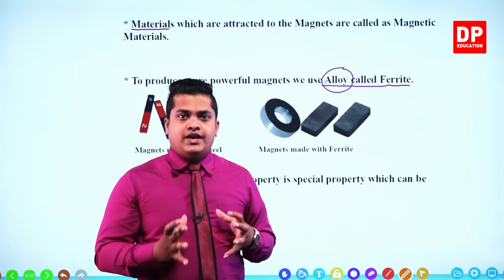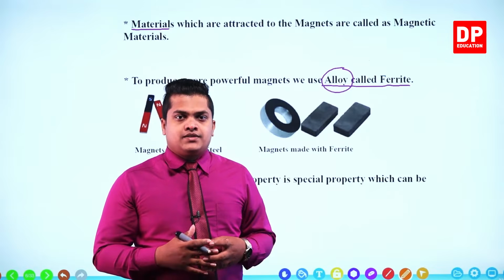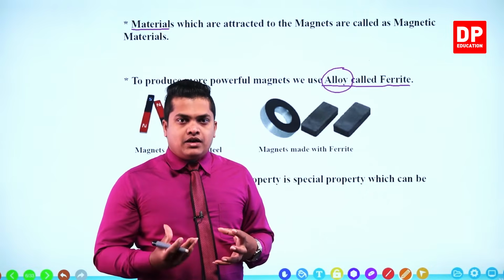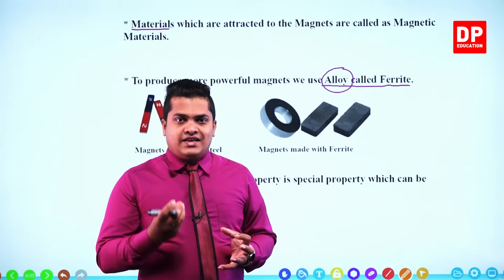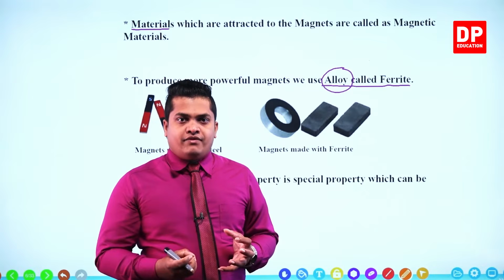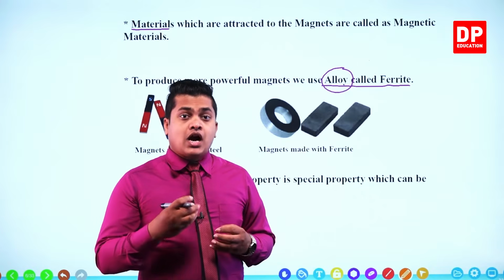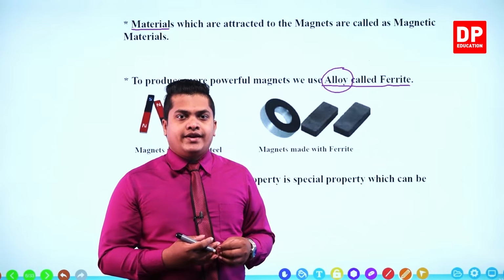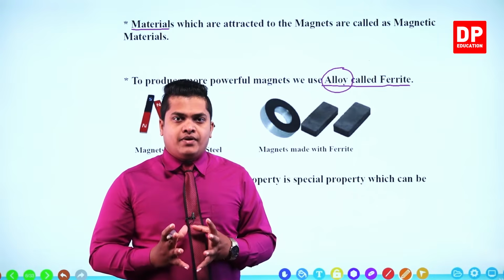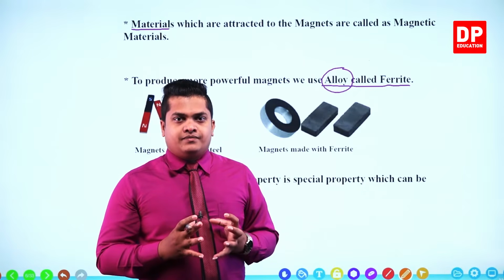It's even harder than iron. Actually, steel is not a metal, it is an alloy, made by adding iron with carbon.